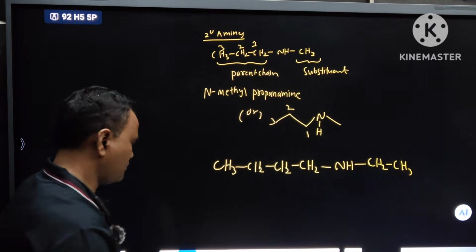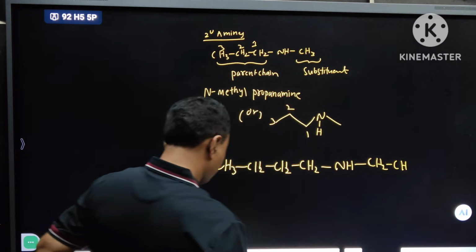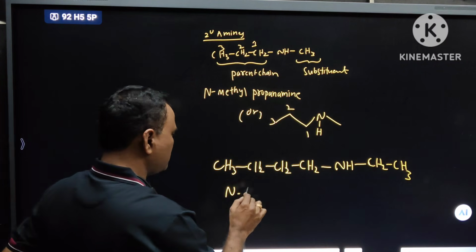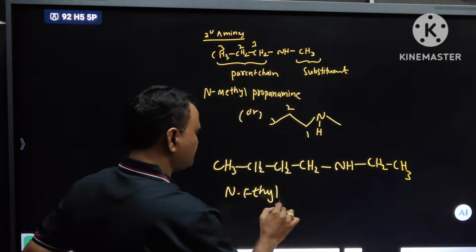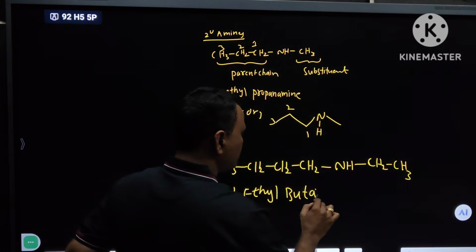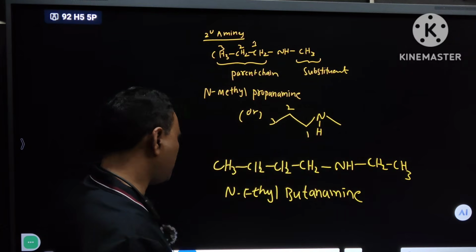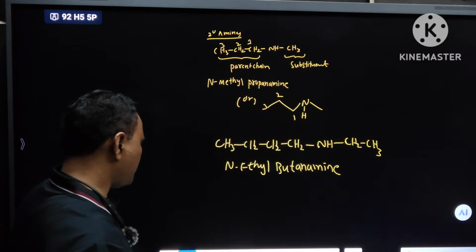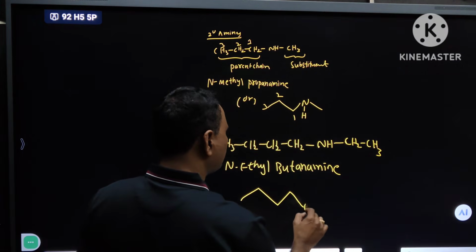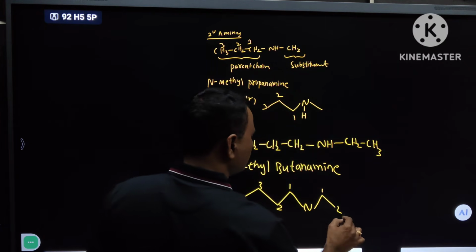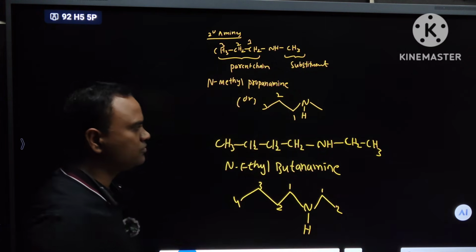N-ethylbutanamine. Good. N-ethylbutanamine. How can we draw it in bond line representation? 1, 2, 3, 4, and 1, 2, and hydrogen.